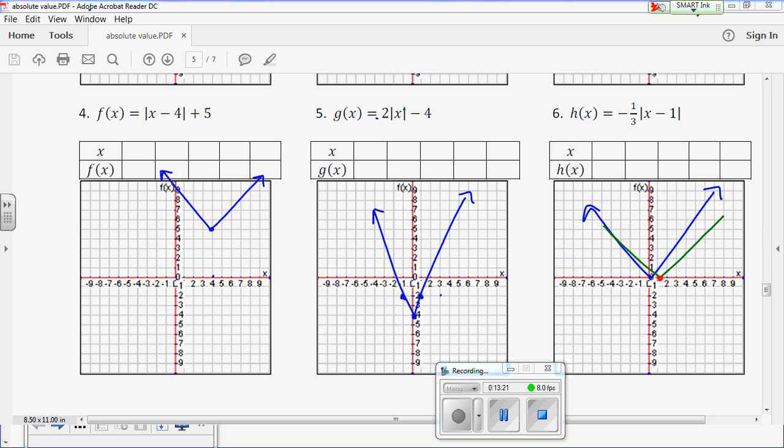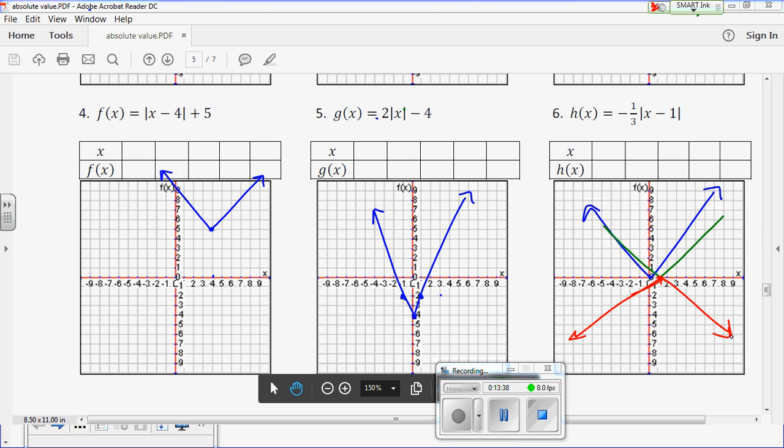But then instead of 1, 3.3. Right. So it's going to be all the way over to here. Awesome. Easy stuff, right?